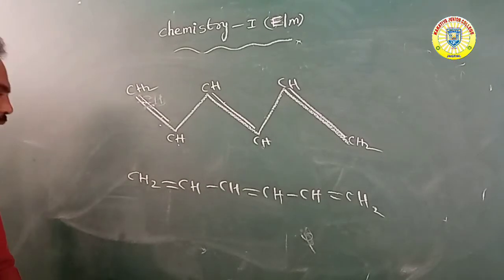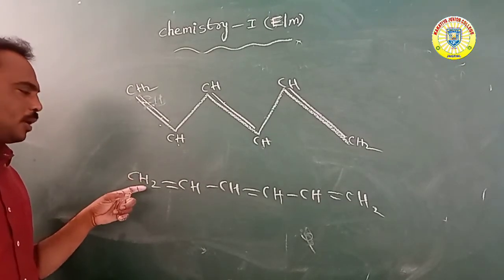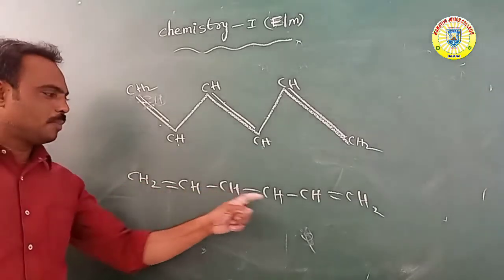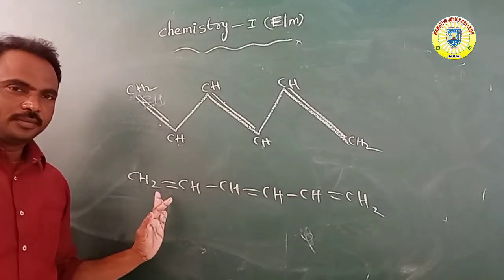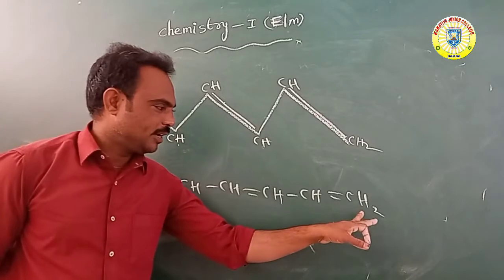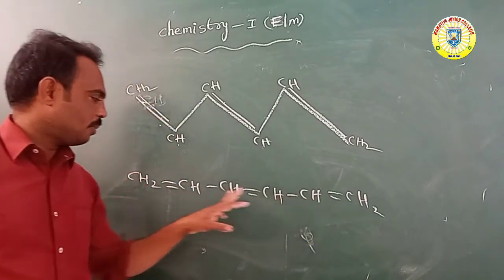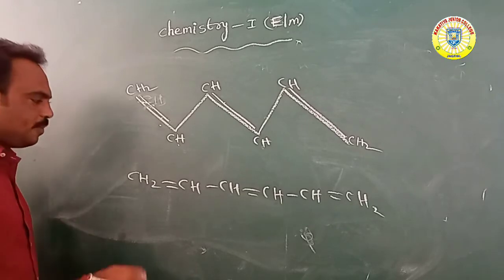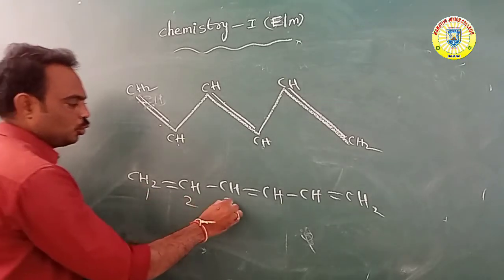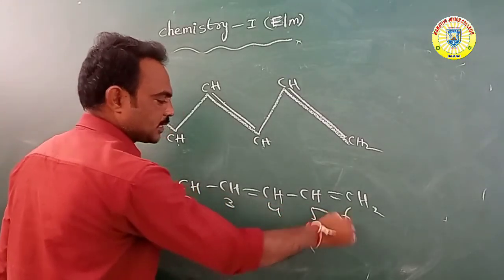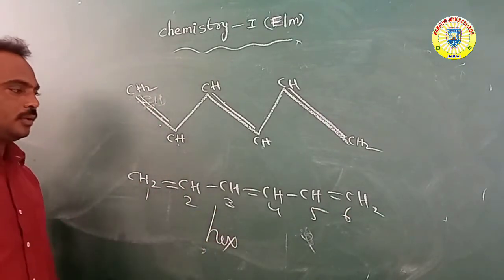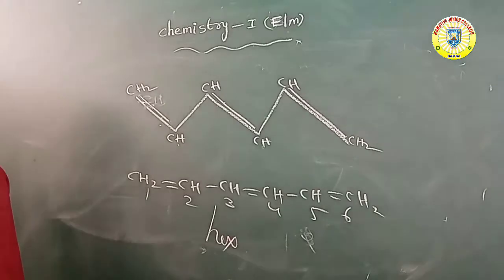We have used the number for the double bonds attached with the first carbon, third carbon, fifth carbon from the left side. From the right side, it is also first carbon, third carbon, fifth carbon, as it is. So we have given the number from the left side, 1, 2, 3, 4, 5, 6. First we write the word hex, as there are 6 carbons.